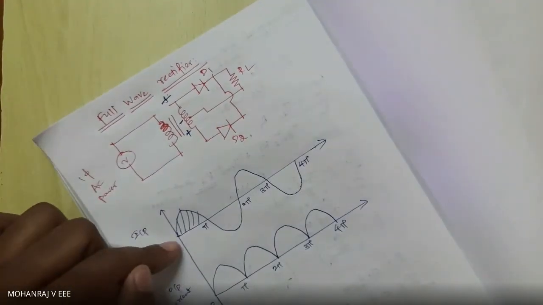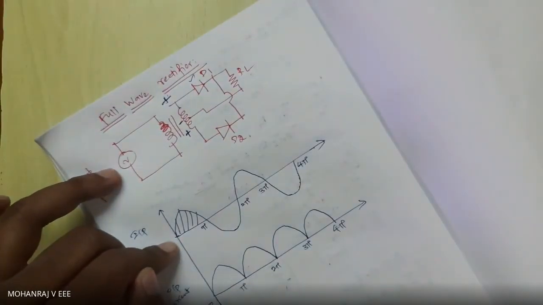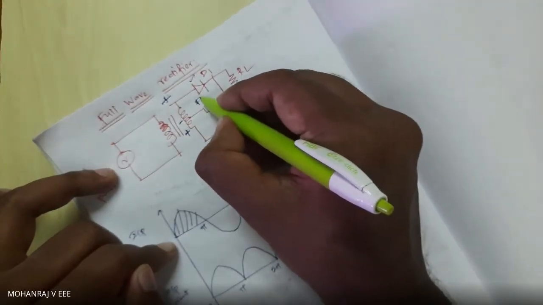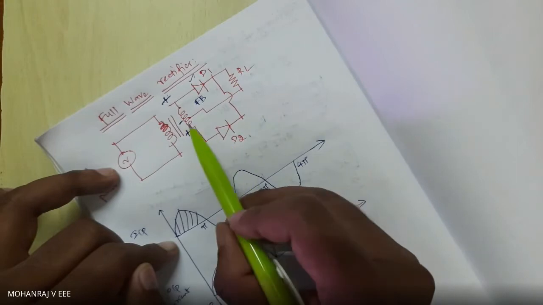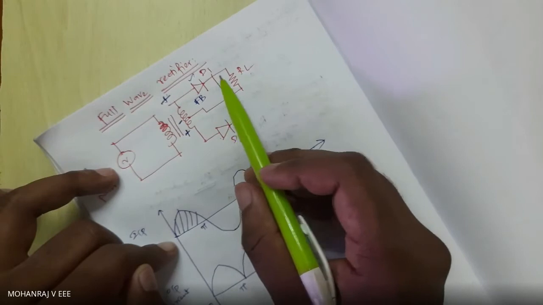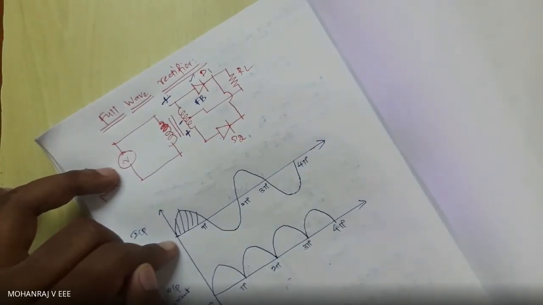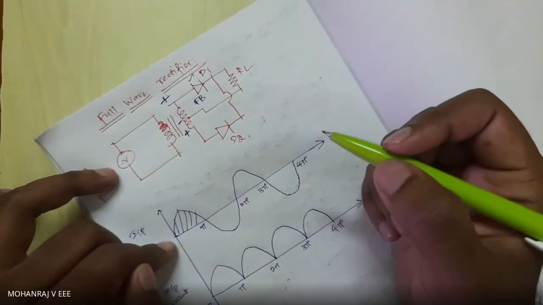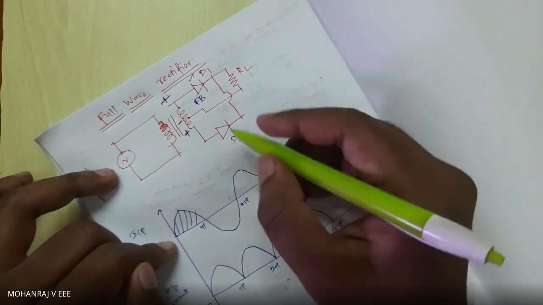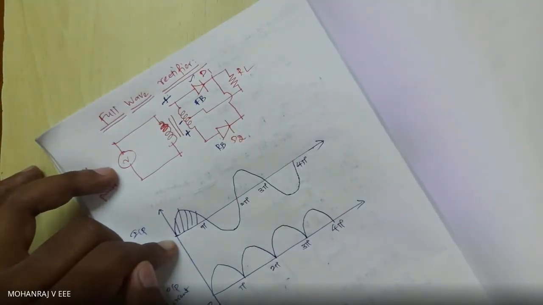For positive cycle, my D1 will be forward biased. How about my D2? This is positive. How about the other end? Here, my D2 will be reverse biased.